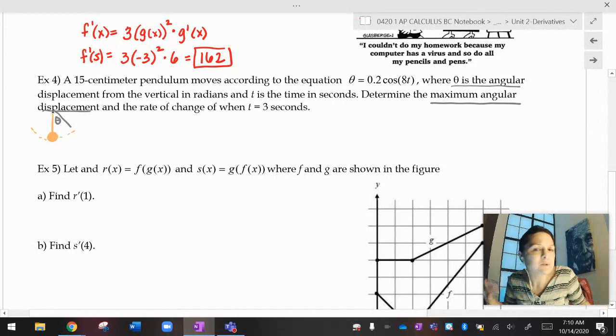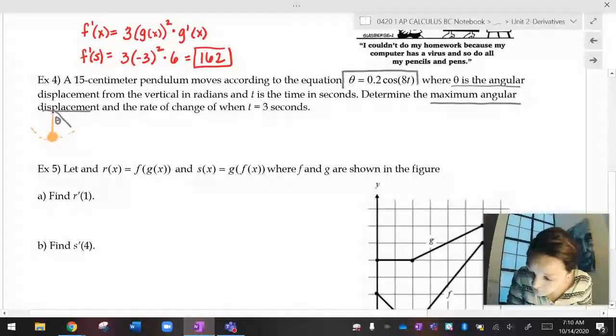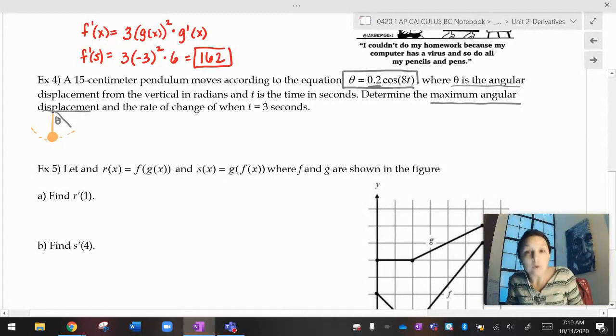So if I want the maximum angular displacement, all I'm really asking for is the highest theta value. So I just want to know the maximum value of the range of this function. Well, the cosine function goes from -1 to 1, and then I'm multiplying that by 0.2. So my maximum theta value is going to be 0.2.